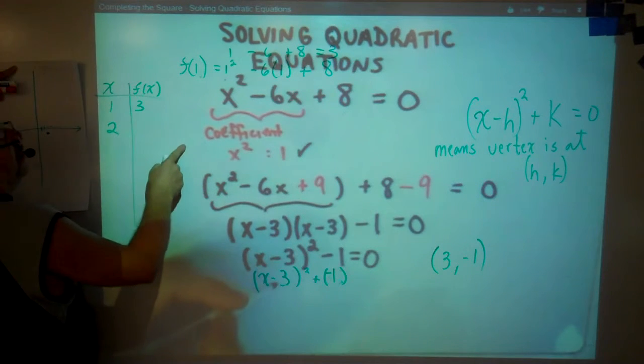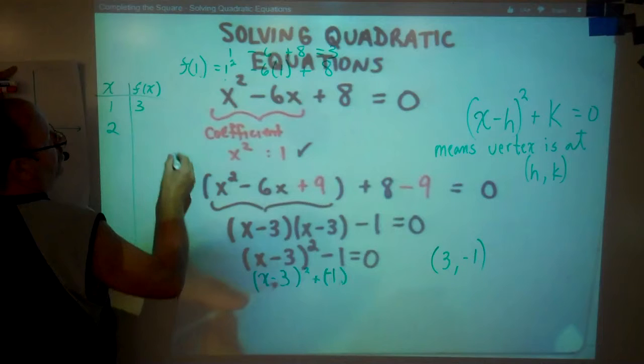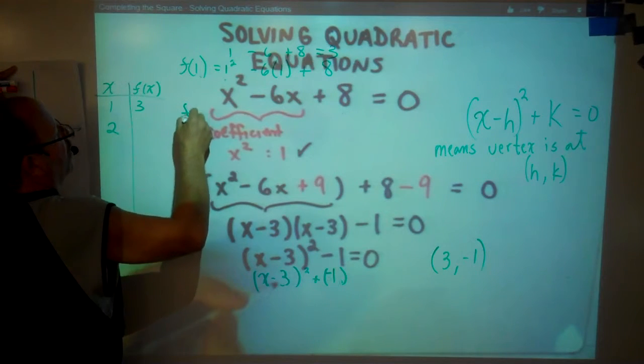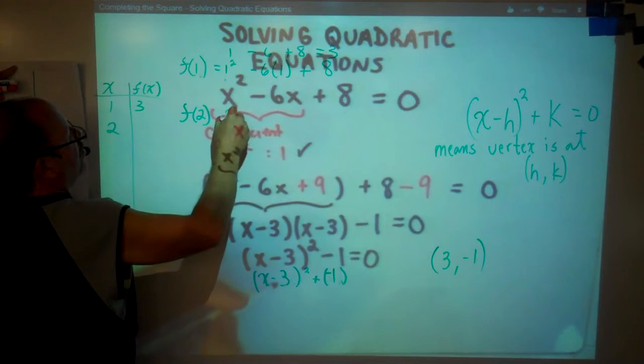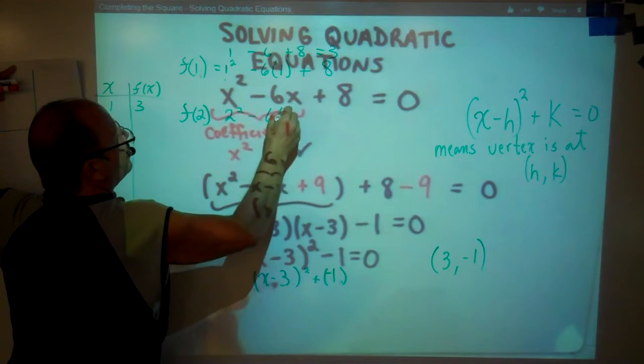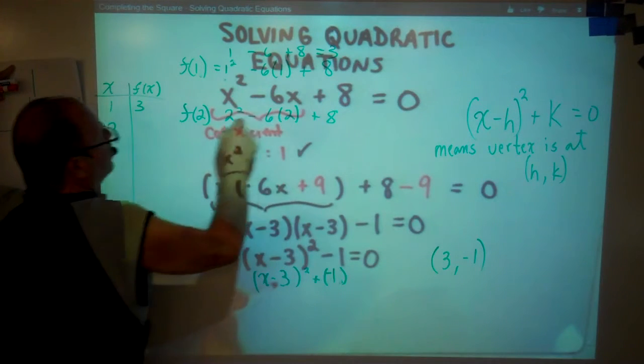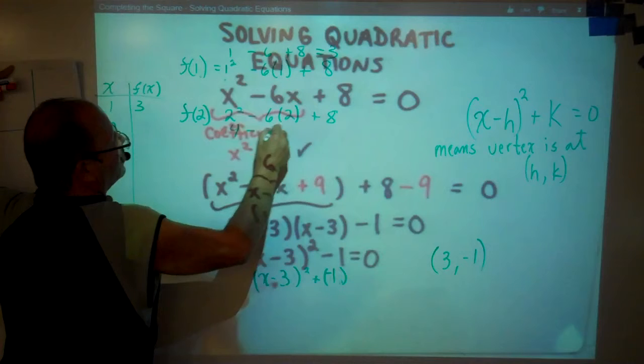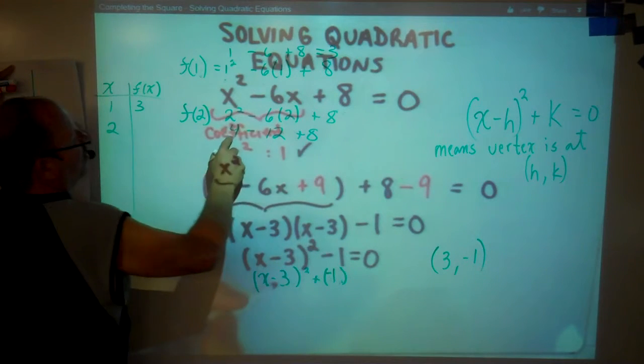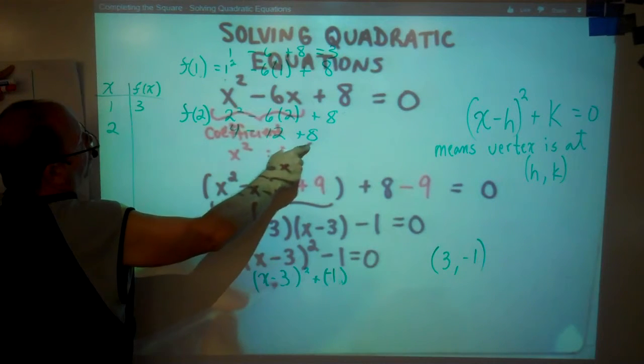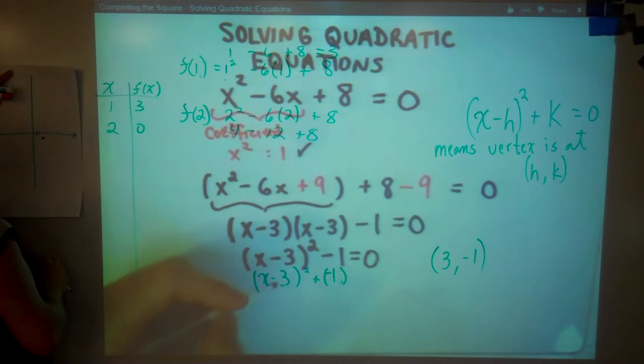Now let's plug in and do f of 2. F of 2 would be 2 squared minus 6 times 2 plus 8. This is 4 minus 12 plus 8. 4 and 8 happen to make 12 minus 12 is 0.